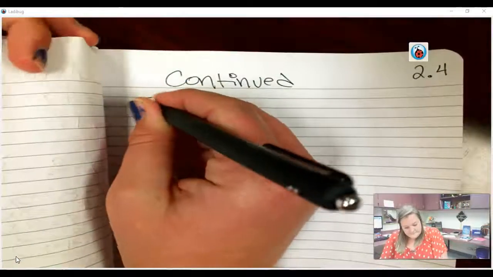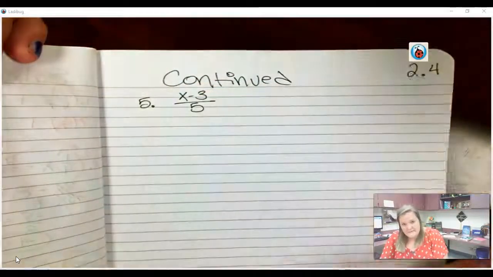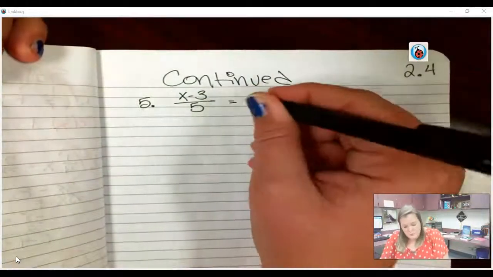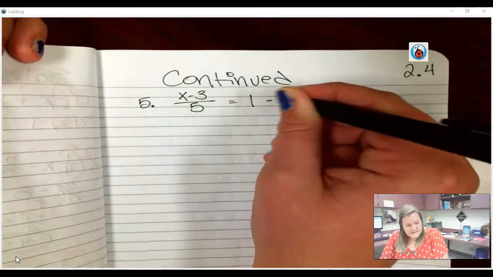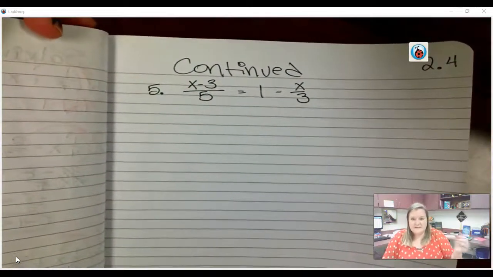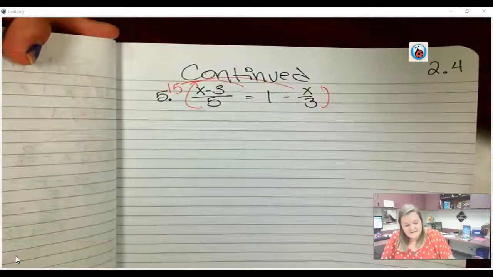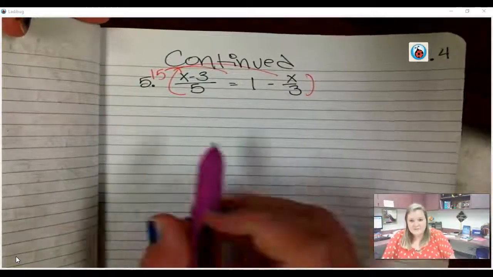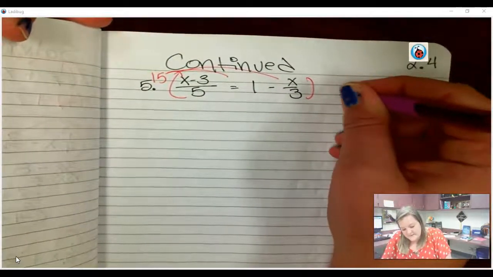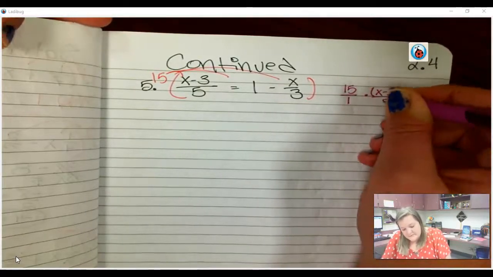So we're going to start with this. Let's say that you have, what number were we on? 4, so this is 5. Okay, so let's say that there is x minus 3 over 5 equals 1 minus x over 3. Okay, so same thing. What we're going to do is find the common denominator, and that would be 15. So we're going to multiply everything by 15. Now, whenever we do the first one, this is 15 over 1 times x minus 3 over 5.